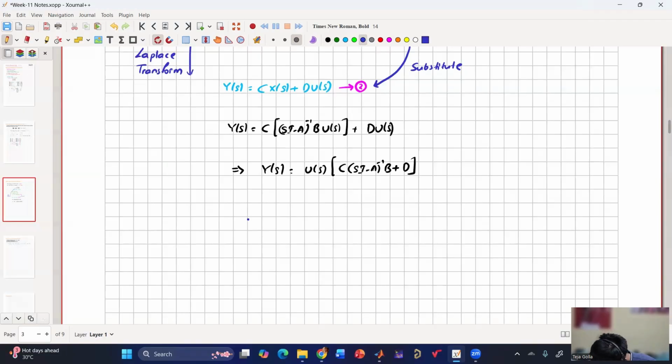So my G(s), which is defined as Y(s) by U(s), can be written as C (sI minus A) inverse B plus D.